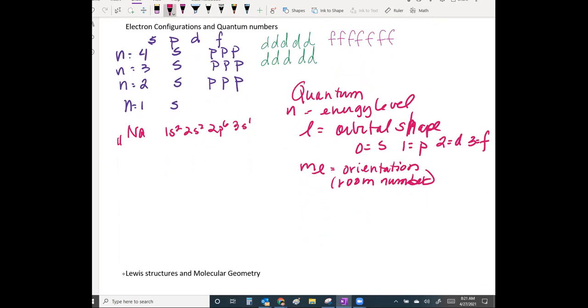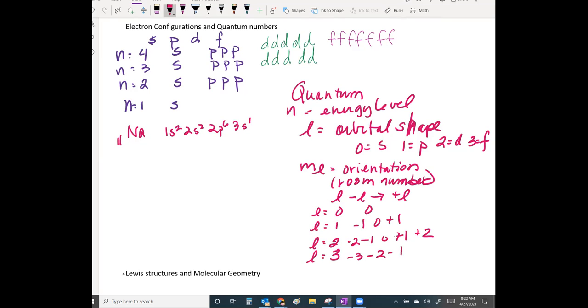And if you have your l number, they go from the negative l to the positive l. So if your l number is 0, you have only 0 for your room numbers. If l is equal to 1, you have -1, 0, +1. If l equals 2, it's -2, -1, 0, +1, +2. L equals 3, -3, -2, -1, 0, 1, 2, 3.